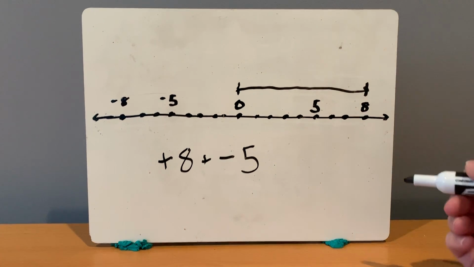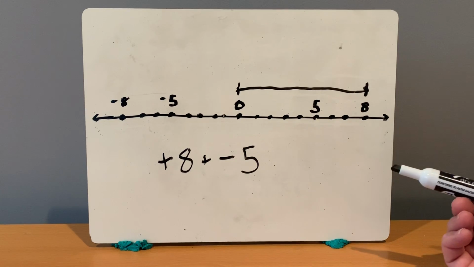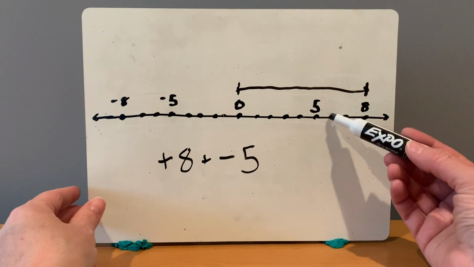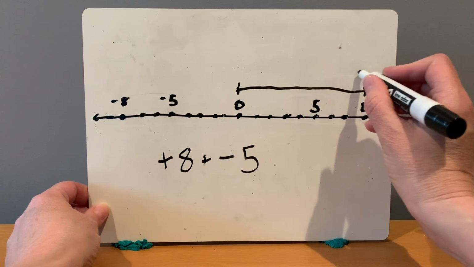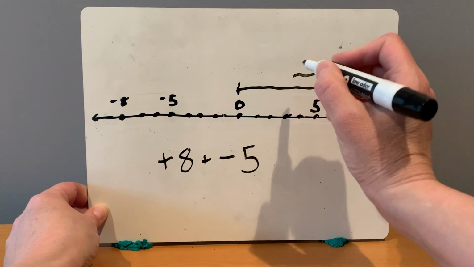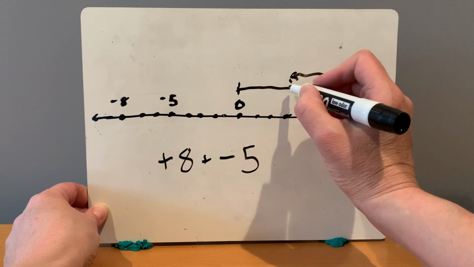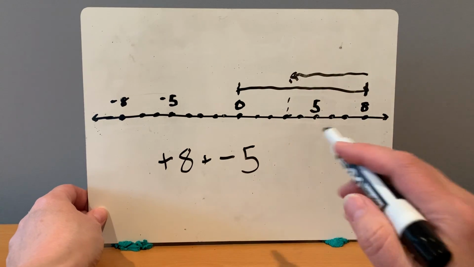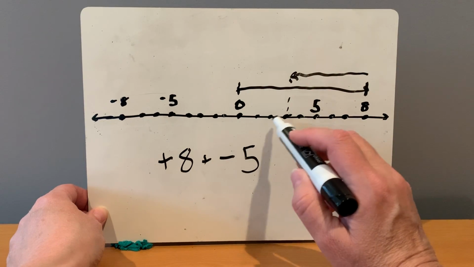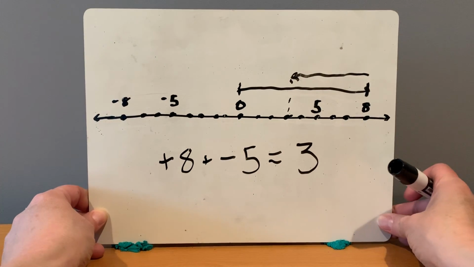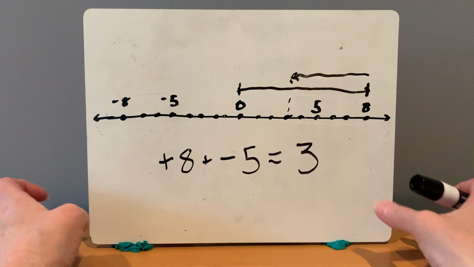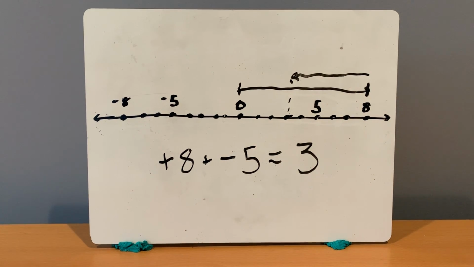Now we will subtract 5. So we're going to go 1, 2, 3, 4, 5 spaces back, which, looking at the number line, brings us to 3. So +8 plus -5 equals 3.